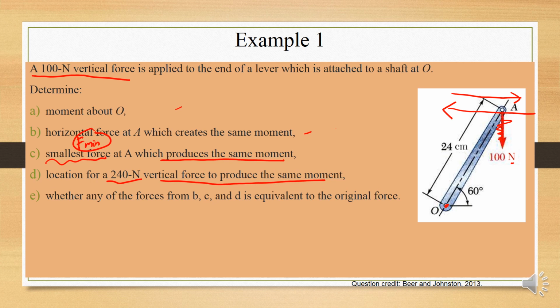Now F is 240 Newton in vertical direction, but we don't know yet where to locate it. Maybe somewhere here or somewhere here, I don't know. Of course it may be somewhere along the lever here.